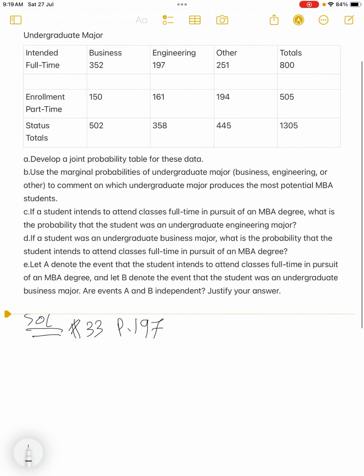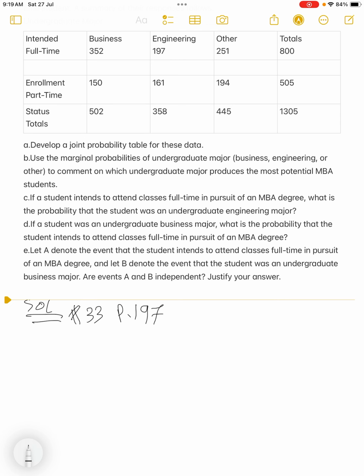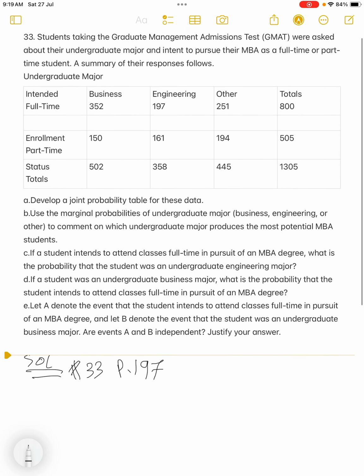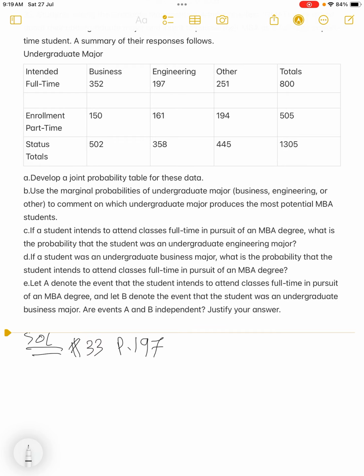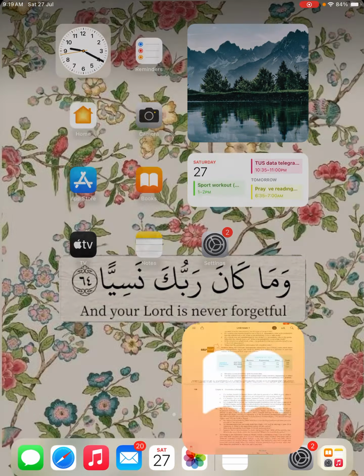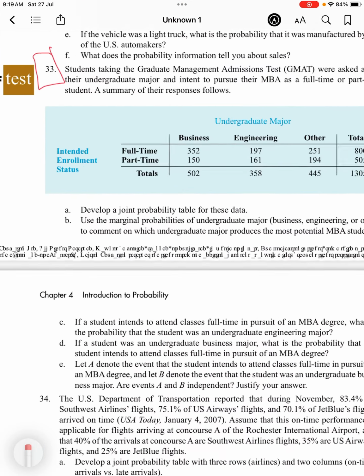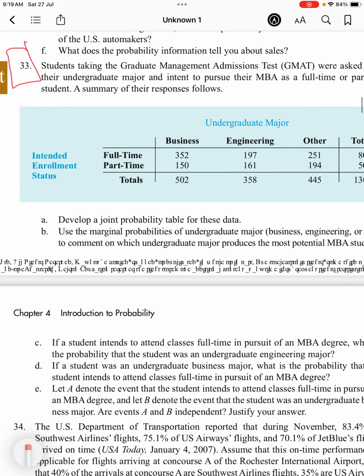Develop a joint probability table for these data. Let me return to see the original question, undergraduate major and intended enrollment status.